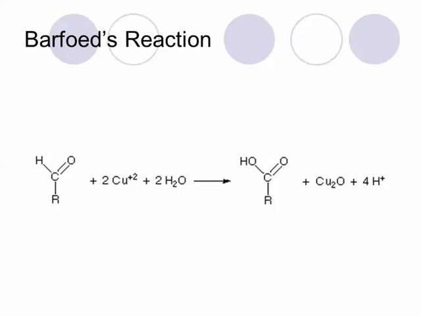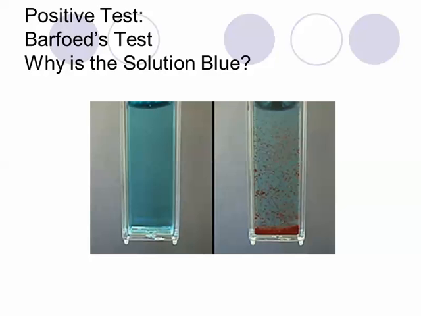Okay, so here's the Barfoed's reaction if you want to take a look at that. And this is really a true copper precipitate that you see here. This is very distinct. You do see that copper precipitate fall to the bottom, and then you're left over with the extra copper that's still in solution, which is why it's still bluish in hue.